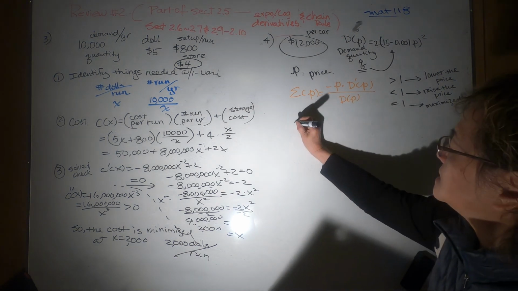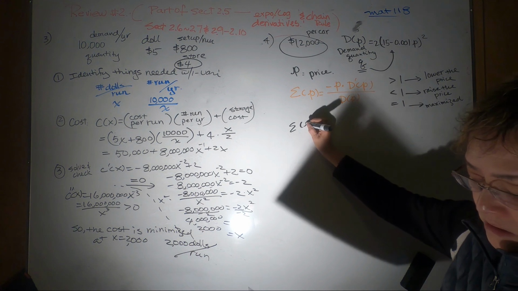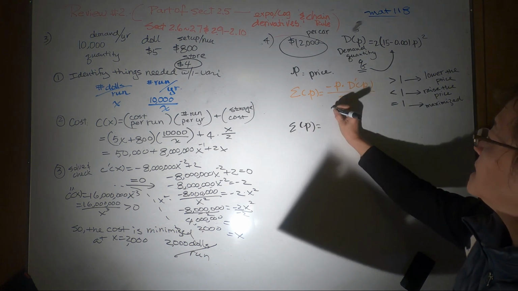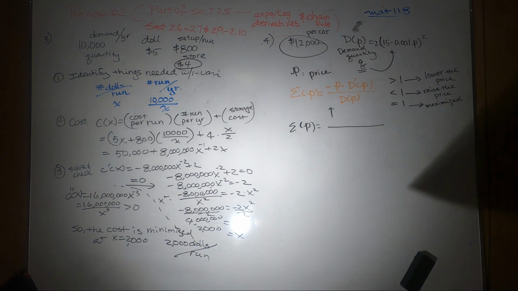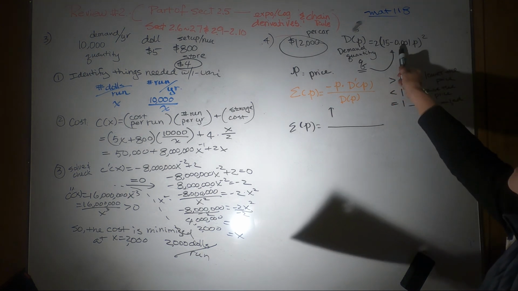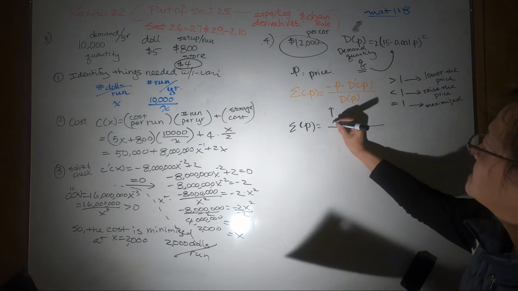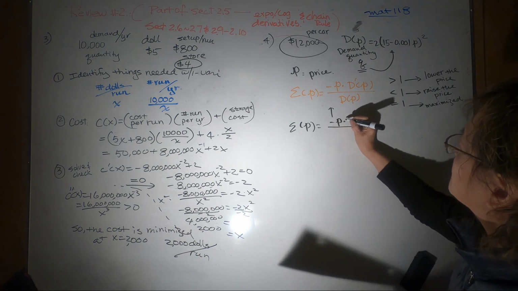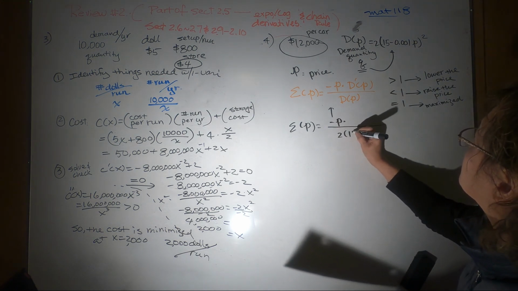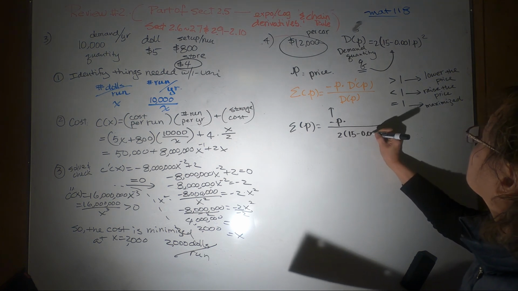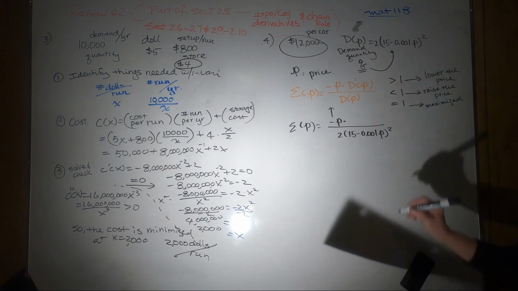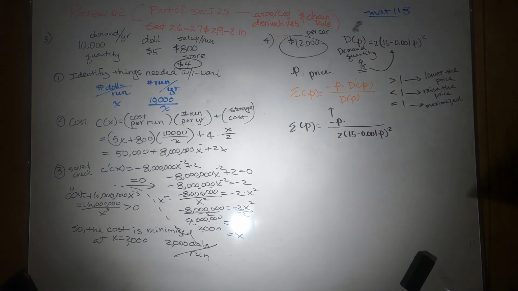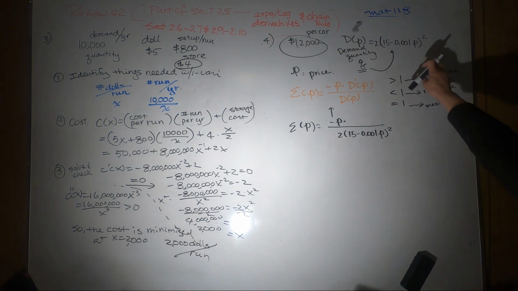So E is what? Your E would be plugging in here, right? So this is your function. It's negative P times D prime P, right? D prime P is what? You take a derivative of that.